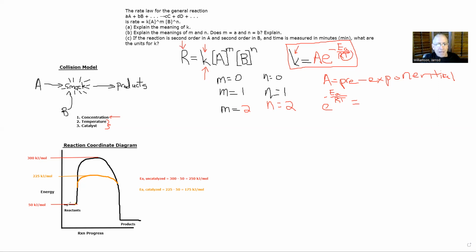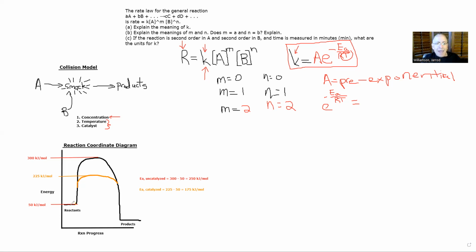Here I made a reaction coordinate diagram that shows the reactants, A and B. Over here, I have the products, lower in energy. Reaction progress goes this way. This is start, this is finish. So this is the reactant, turning into products.